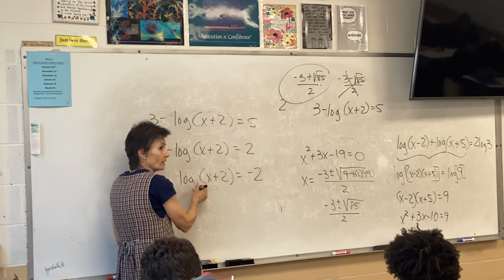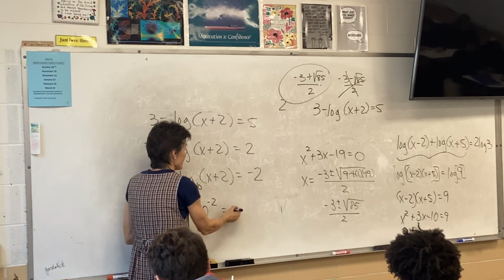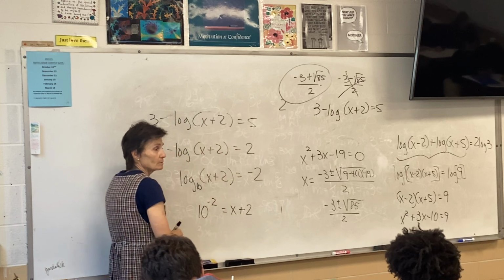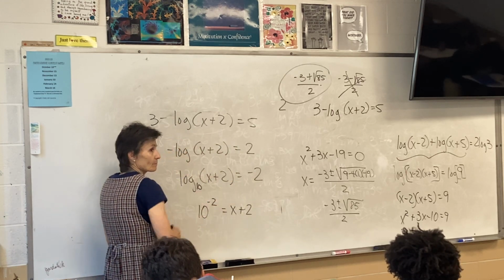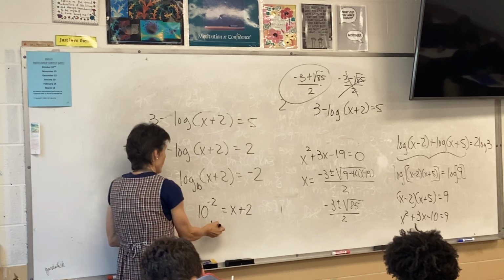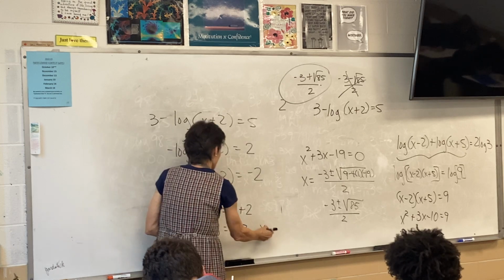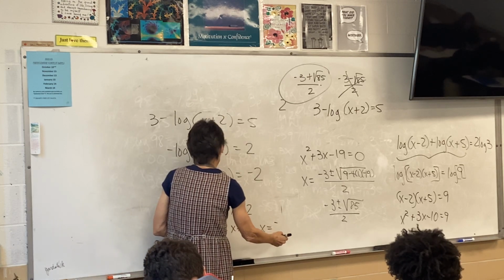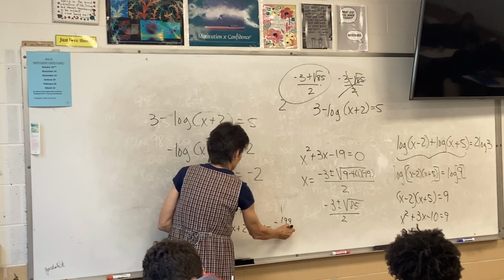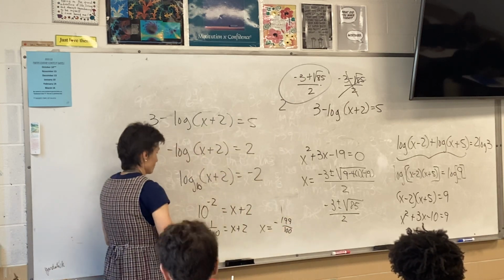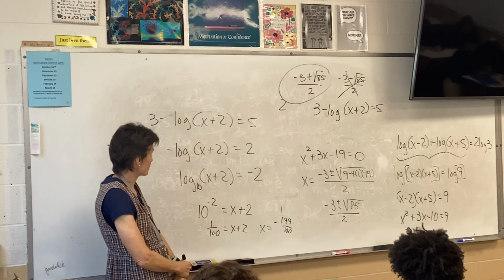And we're gonna log it. 10 to the negative 2nd equals x plus 2. See what I'm doing? So 1/100 equals x plus 2. So what's x? Negative 199 over 100. Which is gonna be okay in my equation because it's less than 2, so let's go.